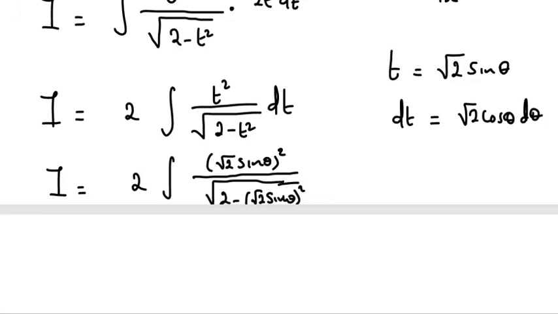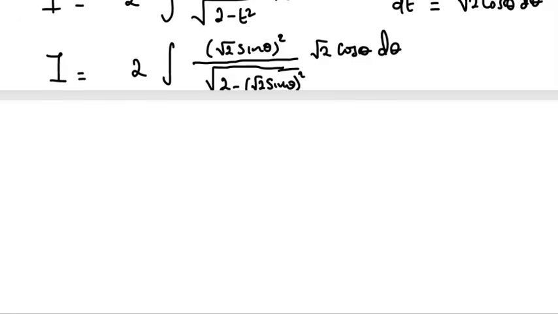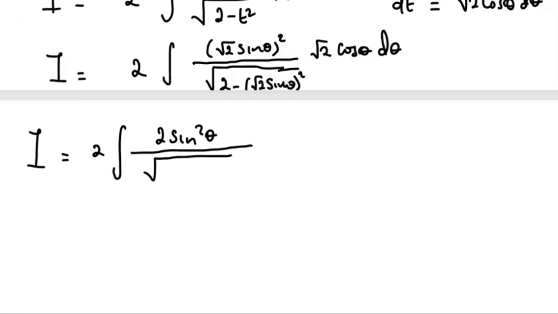Then dt is equal to root 2 cosine of theta d theta. So now I is equal to 2 times the integral of 2 sine squared of theta, divided by the square root of 2 minus 2 sine squared of theta, times root 2 cosine of theta d theta.